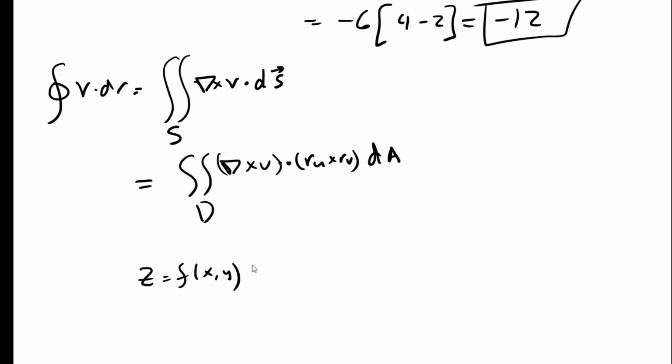So when we parameterize a surface like this, we can always just do the parameterization (u, v, f(u, v)), and that will give us a perfectly fine parameterization. There are other times, like when you have a sphere, that it might be easier to do something else, but you can always start with this and then change variables if you need to.